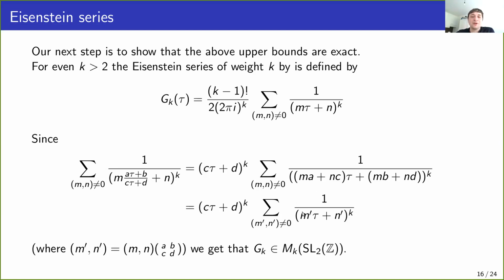If you multiply the vector (m, n) by the matrix (a b; c d) on the right, you get another vector (m', n'). And this is exactly the sum that appears here. It's trivial, because the matrix has determinant 1, that this again runs over all non-zero integer vectors of length 2. Because this is again the same sum, it is equal to G_k of tau. So we get the modular transformation property from this.